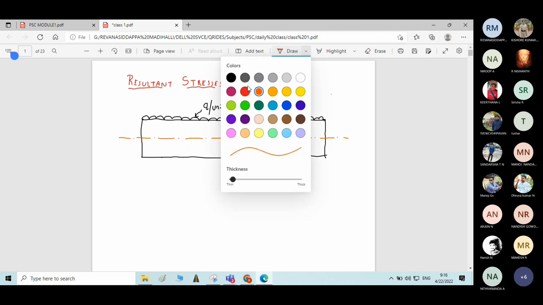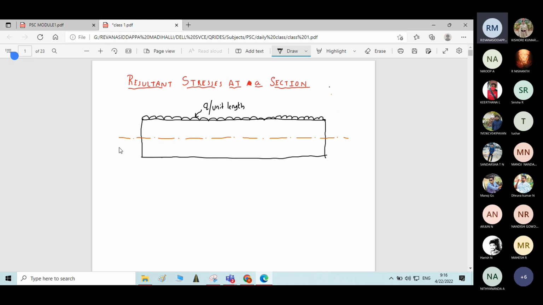For the same beam, assume that there is some pre-stressing in the beam.